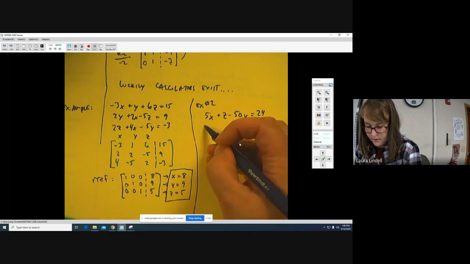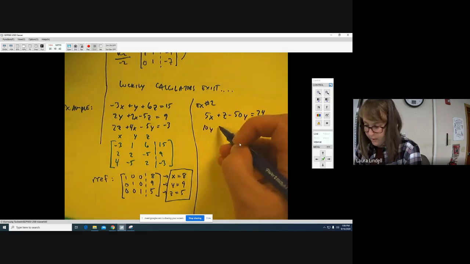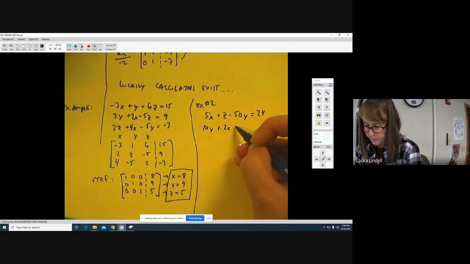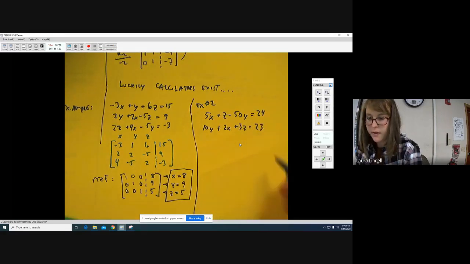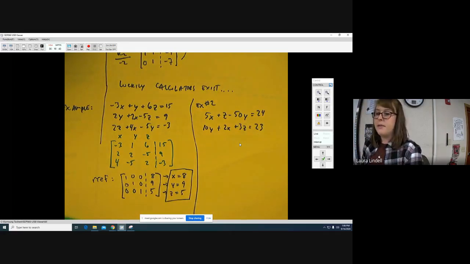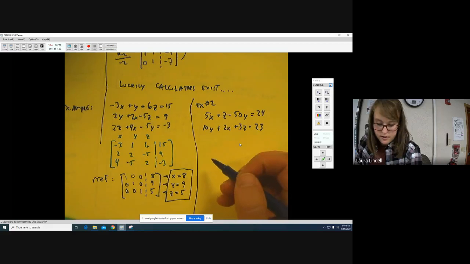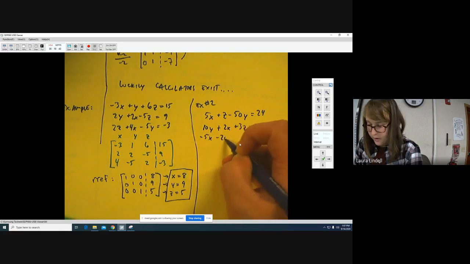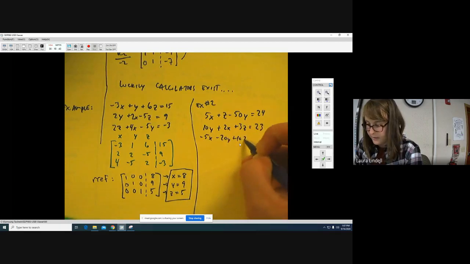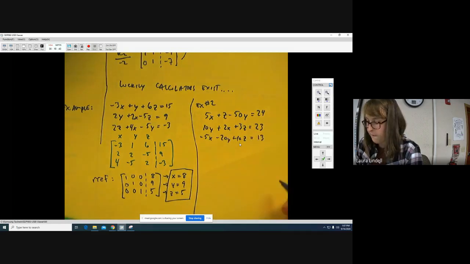And 10y plus 2x plus 3z equals 23. Yes, you do press enter after you type everything. That'll give you all the rest of the buttons back. And then the last one will be negative 5x minus 20y plus 10z equals 13.